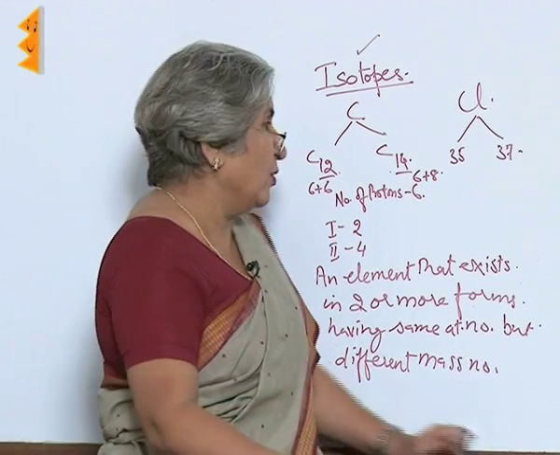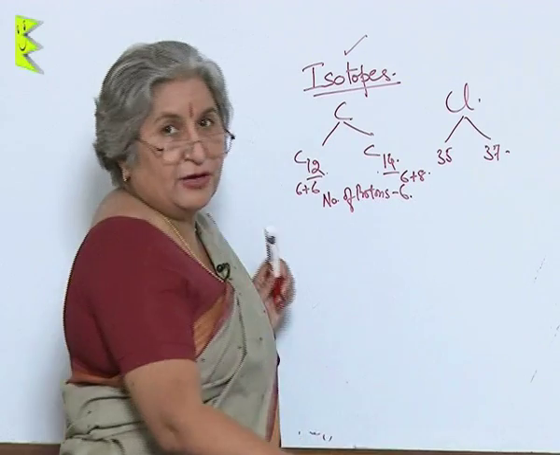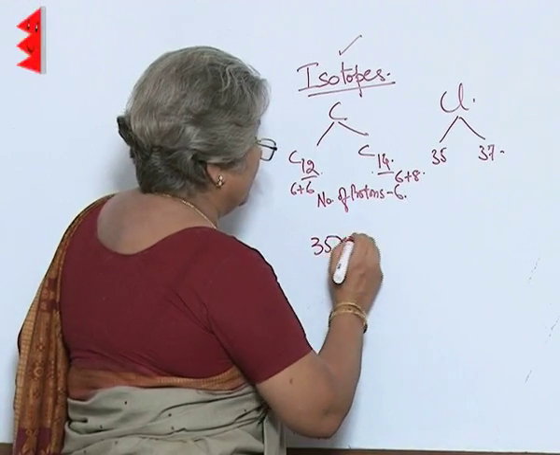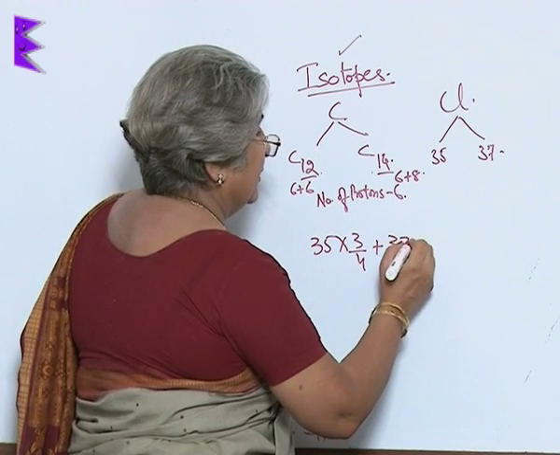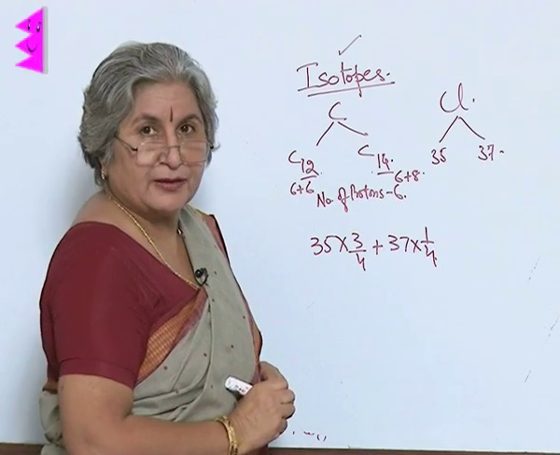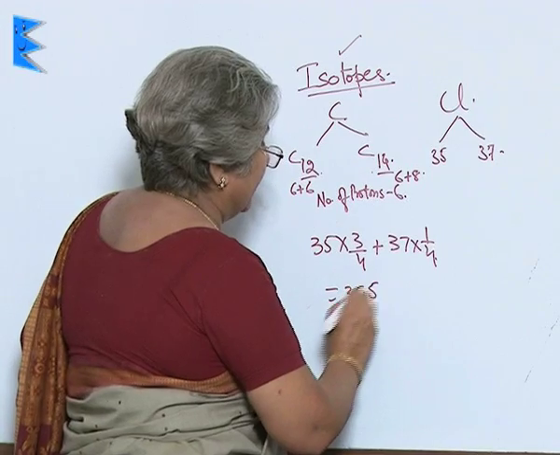So, if we go by the 75% and 25% approximation, then it is 35 into 3 by 4 plus 37 into 1 by 4, and then the average will be about 35.5.